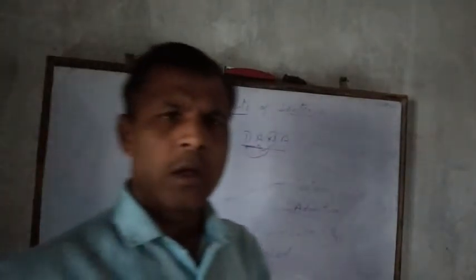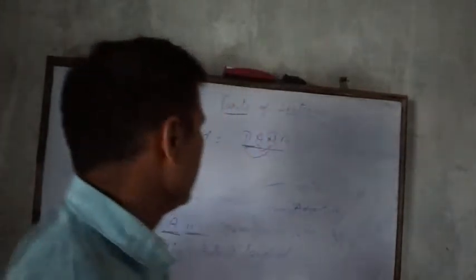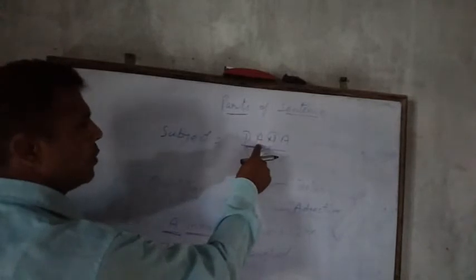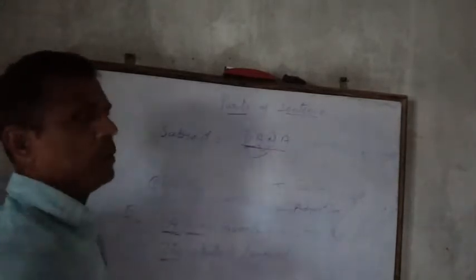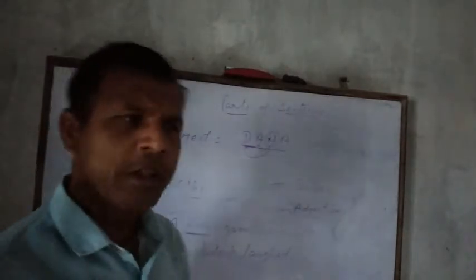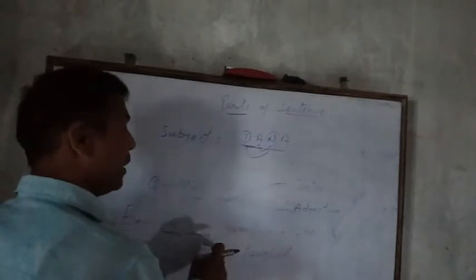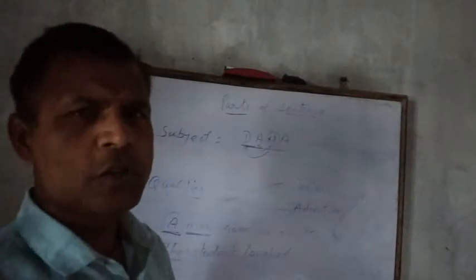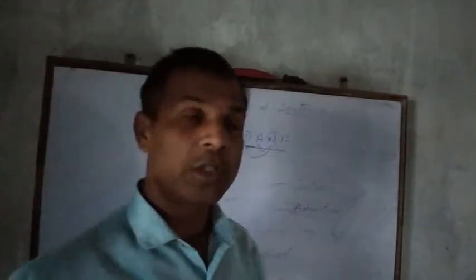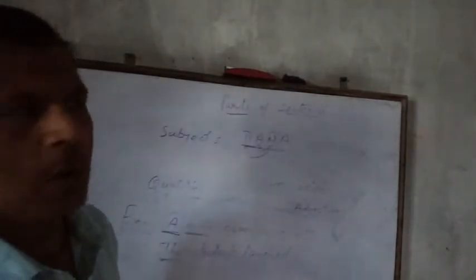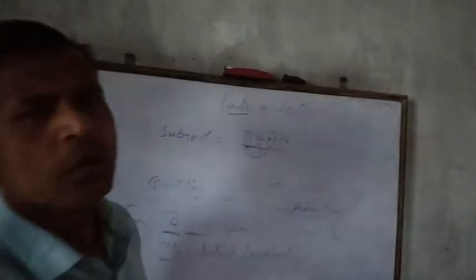So we can say that in a sentence determiner, adjective and noun are used, but it is not necessary that only a determiner or only an adjective will come before a noun. Students, before a noun a determiner may come, an adjective may come, or both determiner and adjective may come.